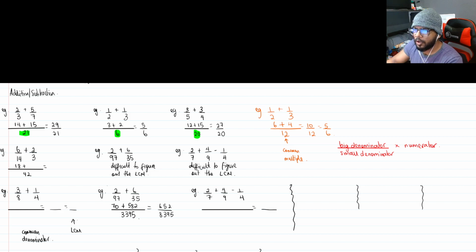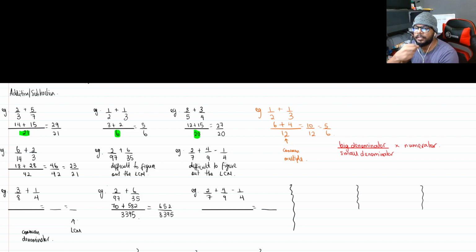Plus 3 into 42 is 14. 14 by 2 is 28. 18 plus 28 is 46. So I get 46 over 42. But this can be reduced. 46 over 42 can be reduced to 23 over 21.